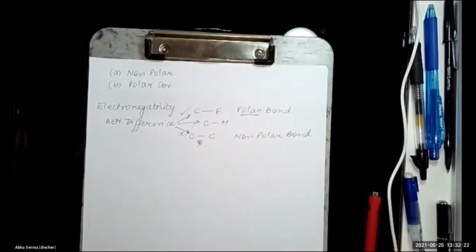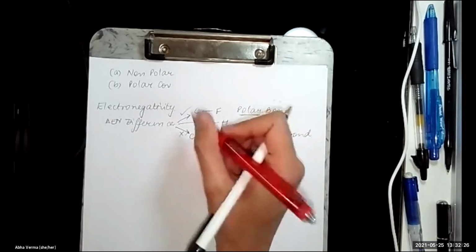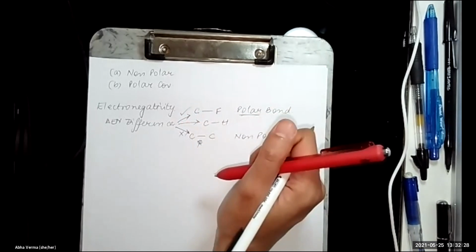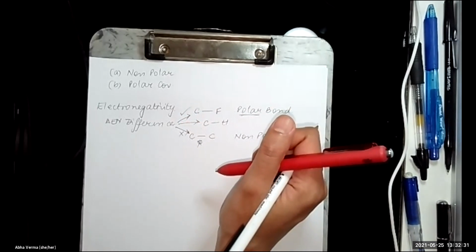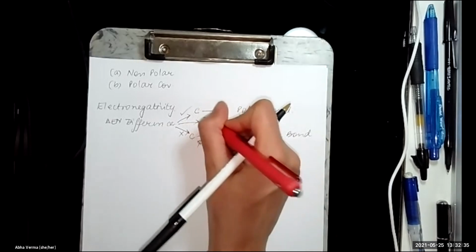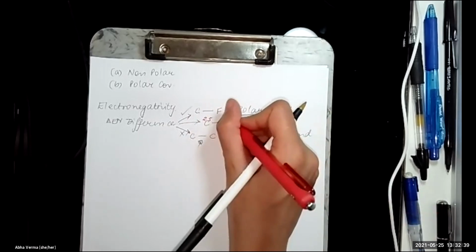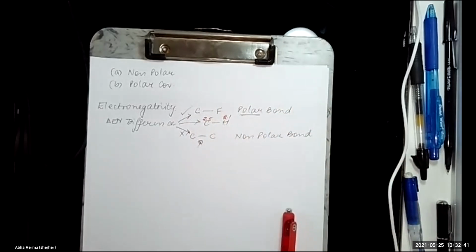But what about carbon and hydrogens? The electronegativity difference between carbon and hydrogen is very, very negligible. If it is 2.5 for carbon, the electronegativity for hydrogen is 2.1.